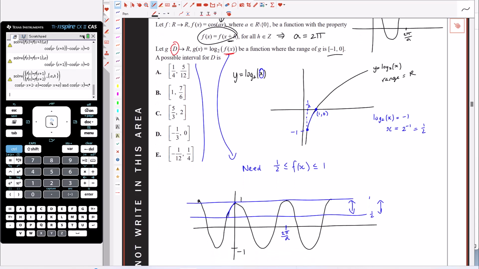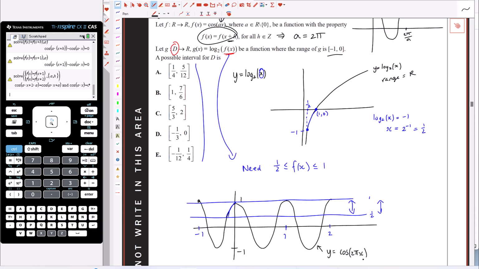So now we know that this is not 2 pi on a here. Our period is going to be 1. So this is going to be 1 and 2 and minus 1. Okay, so this is now the graph of y equals cos of 2 pi x.